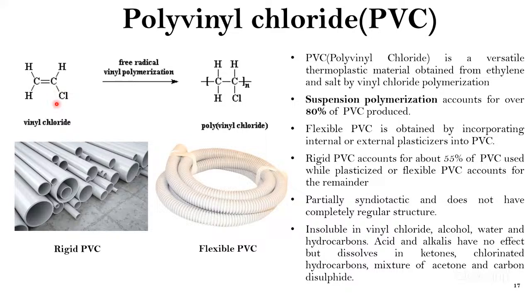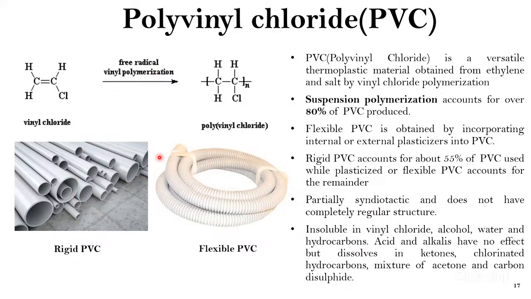This chlorine is present over here, but adjacent to that, you have a double bond. So this also will go by free radical polymerization. Okay, and this will also follow suspension polymerization. Overall, in the industry, they use the suspension polymerization.